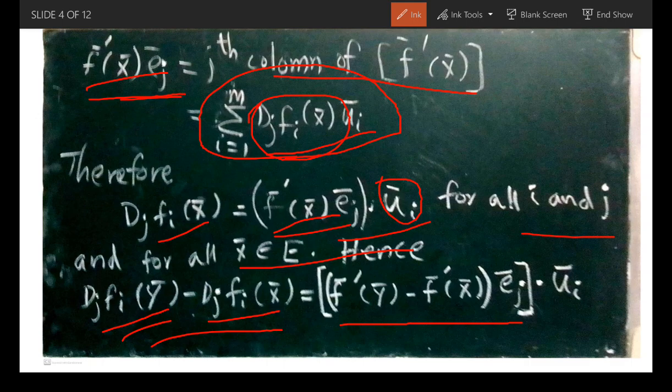But f'(y) ej minus f'(x) ej is precisely (f'(y) minus f'(x)) ej. Because for linear transformations, let us say A and B, Ax minus Bx is precisely (A minus B) times x, where x is a vector.